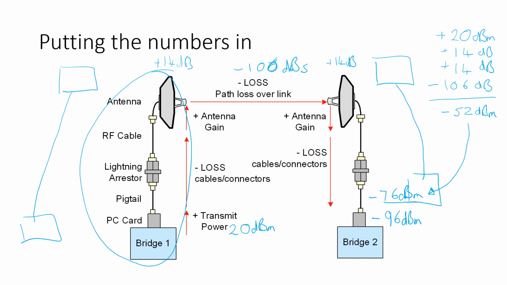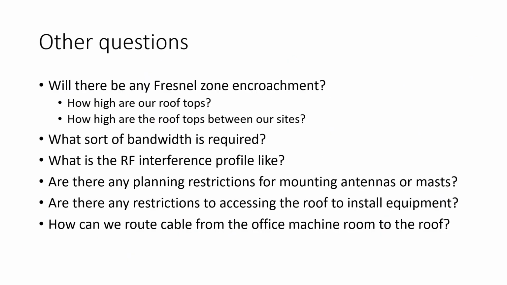So I think that we conclude at this point that the system is going to work, but in order to deploy it, there are a few other very important questions to ask, and these are just some of the questions that I'm asking here. So probably the most important one, and I hinted at this earlier on, is, is there going to be any Fresnel zone encroachment?